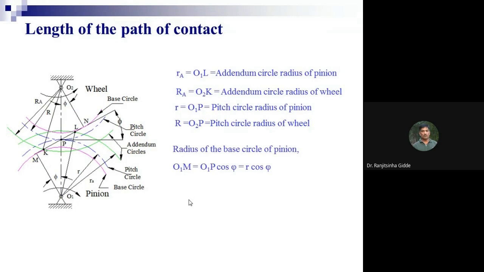Okay. So this way I have written. You can write radius of base circle of pinion O1P cos phi, and what is O1P? r cos phi.